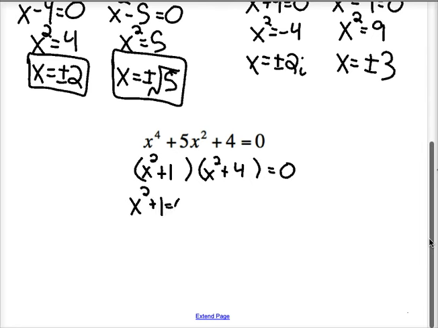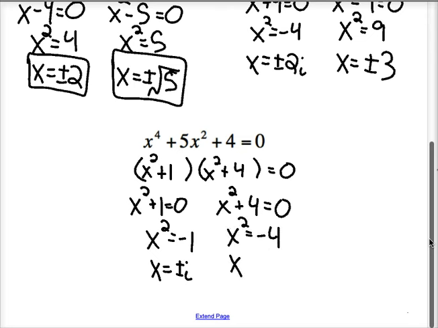And now we use the zero product property. After it's factored, we need that zero product property. So x squared is going to be negative 1. When you square root both sides, plus or minus, and you're just going to get i this time, because square root of 1 is 1, and with that negative, you get an i.